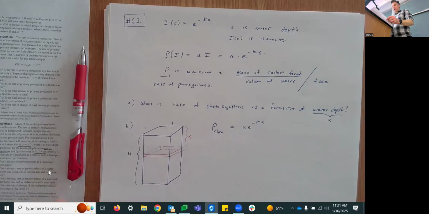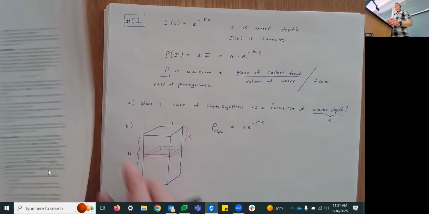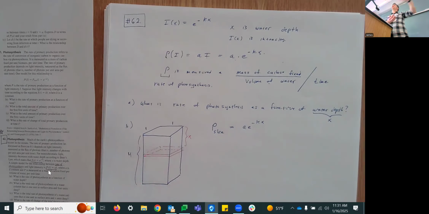Usually I would say you're totally right: they told us the rate of this thing, and then we anti-differentiate because we want to undo that to get the function. But here, the problem is that photosynthesis, unlike a lot of things, is not something you can snapshot and say this is how much photosynthesis there is at this moment.